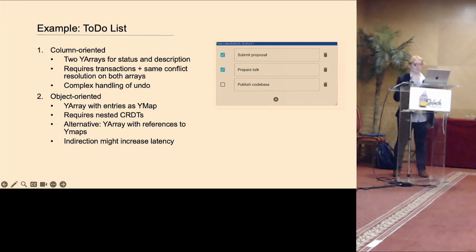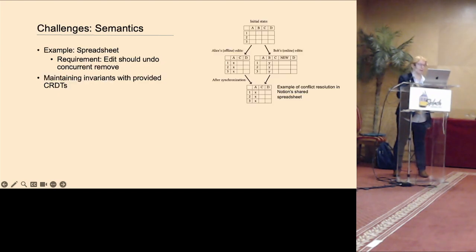It gets more interesting. So for the to-do list, we only have two objects or two CRDTs. We also have a spreadsheet, and there, in the current version, by the way, we have 5 objects working together. Yeah, so it gets more complex by the day somehow. What we figured for the spreadsheet was actually that semantics are also something that users are worrying about.